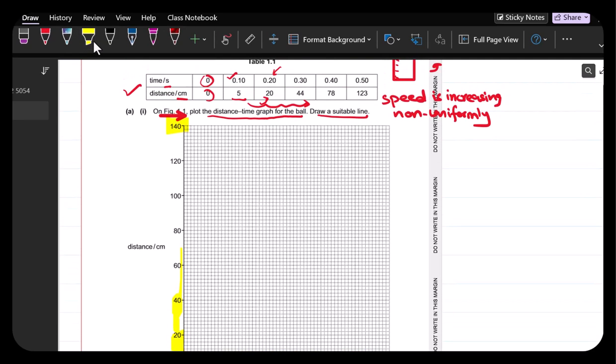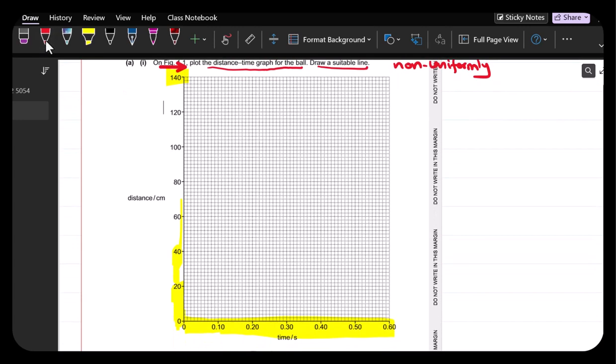Here we have to first of all divide this, to find how much one box is representing. One small box is equal to the gap divided by the number of boxes. So the gap is 20. Note this gap and divide it by the number of boxes. You will get 2.